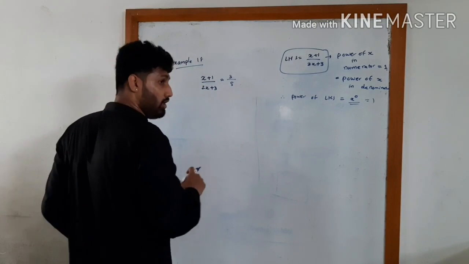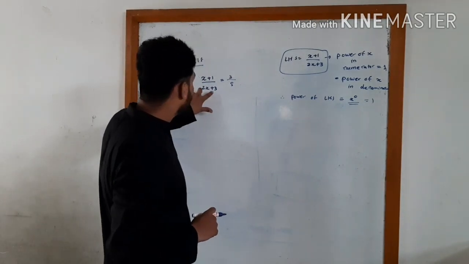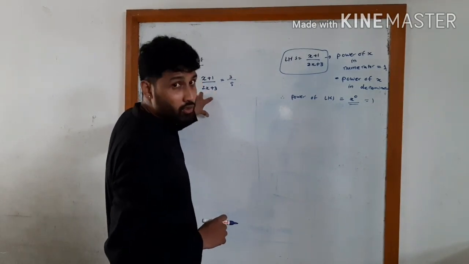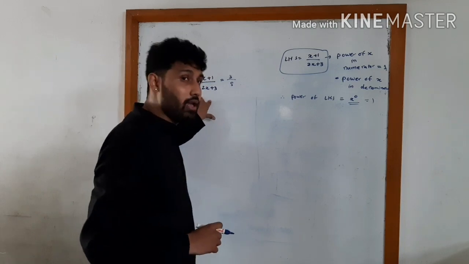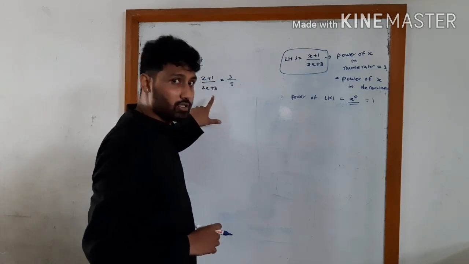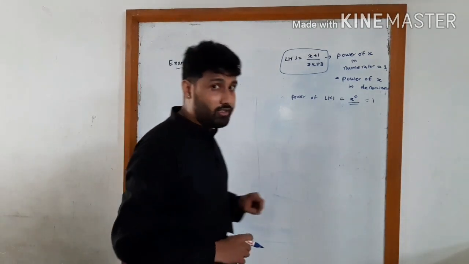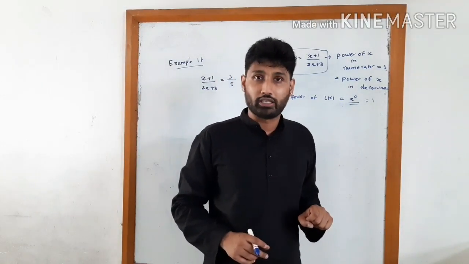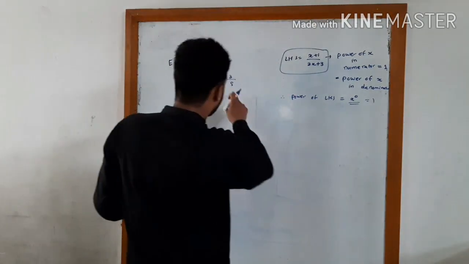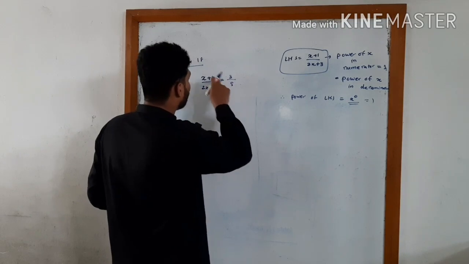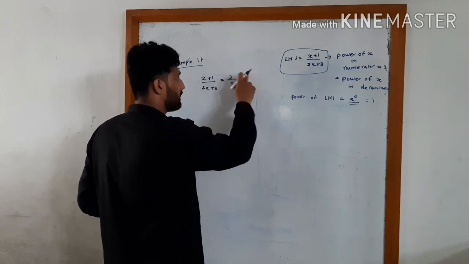So what we will do is, to ensure that this is removed from here, we will multiply both the sides by 2x plus 3. You have learned something called as cross multiplication, where you multiply this 8 here and this 2x plus 3 here.